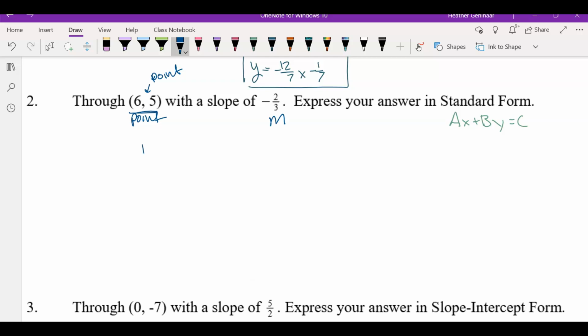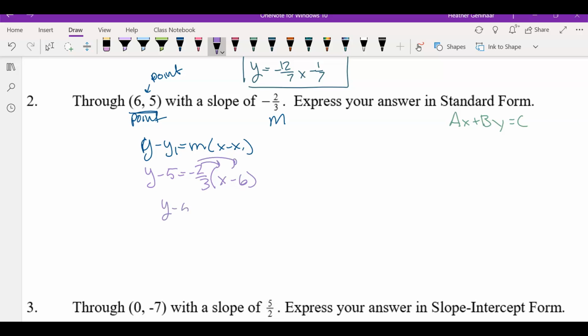So here, point slope form is y minus y1 equals m times x minus x1. So then here I'm going to plug in our point. So we have y minus 5 equals, our slope is -2 over 3 times x minus 6. From here, I'm going to distribute this fraction.